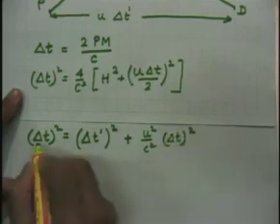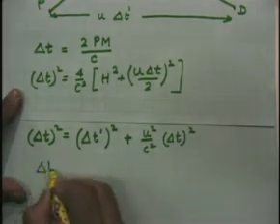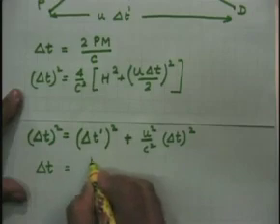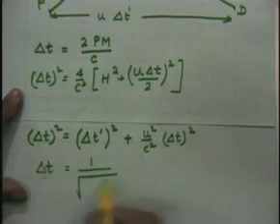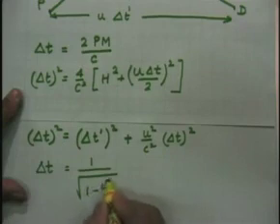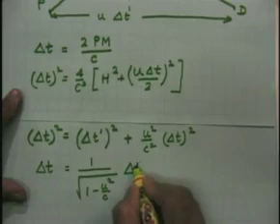If I take this to this side, I get delta t becomes equal to 1 over under root of 1 minus u square by c square, times delta t prime.